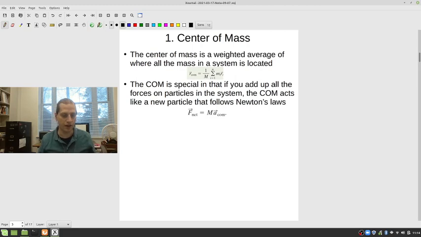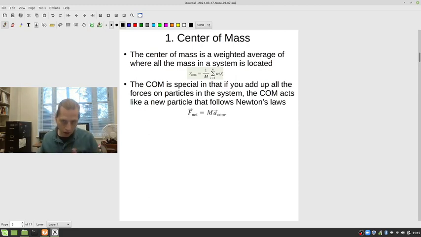So for instance, if I had me and the Earth, and I consider both the force of gravity of the Earth pulling me down, and me pulling up on the Earth, if I included both of those, the forces would cancel out because of Newton's third law.